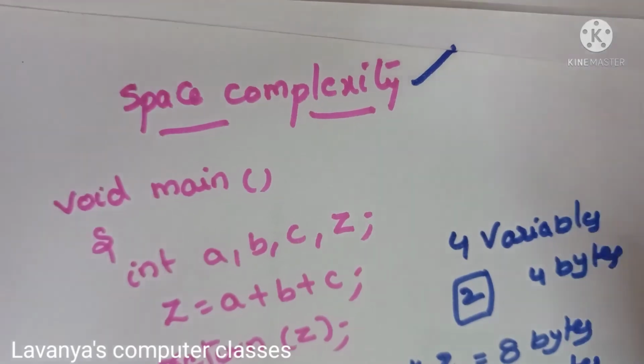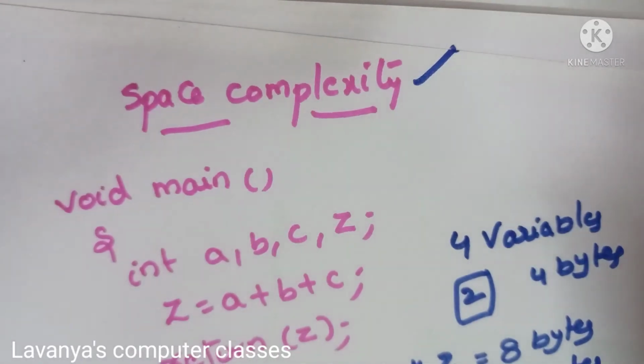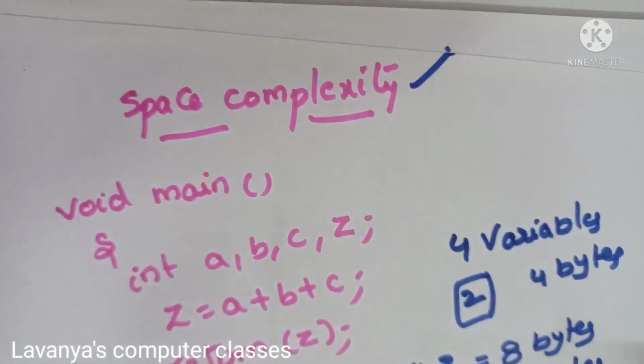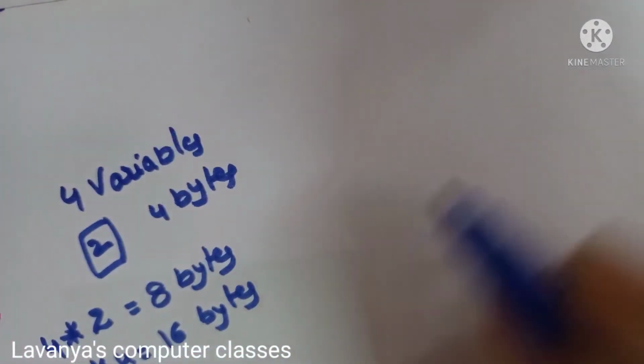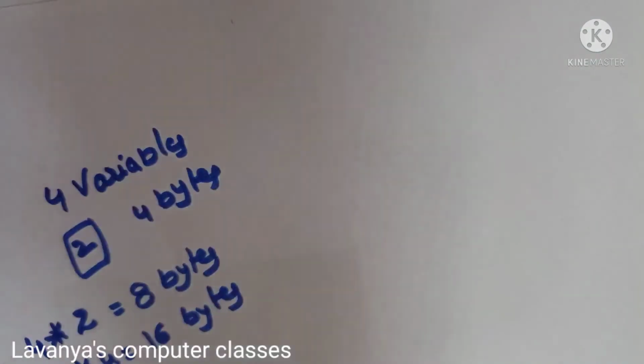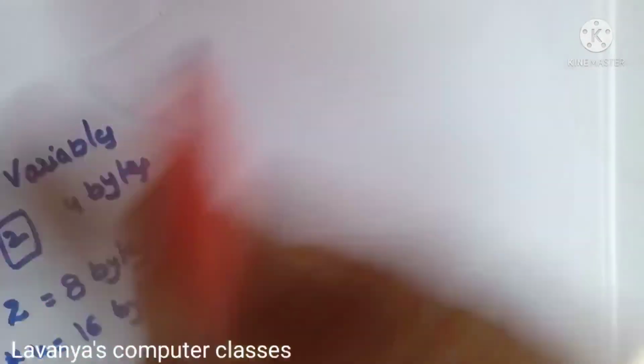Now we'll explain one more example for time complexity and space complexity, using some simple loop statements.